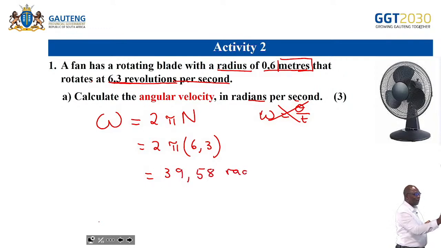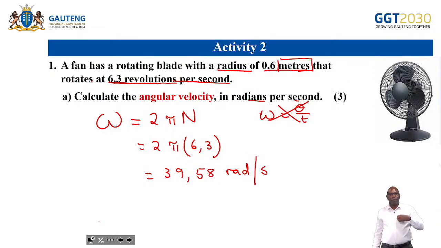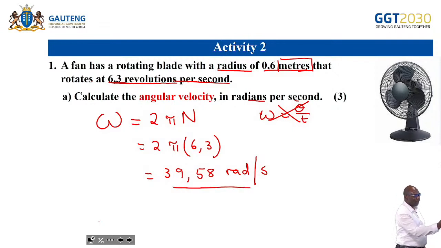I must write radians per second so that I show the people who are marking that I understand that angular velocity is measured in radians per second. So I'll have 39.58 radians per second as my final answer. Remember, in our calculations, we write correct to 2 decimal places unless stated otherwise. In this case, it is not stated.